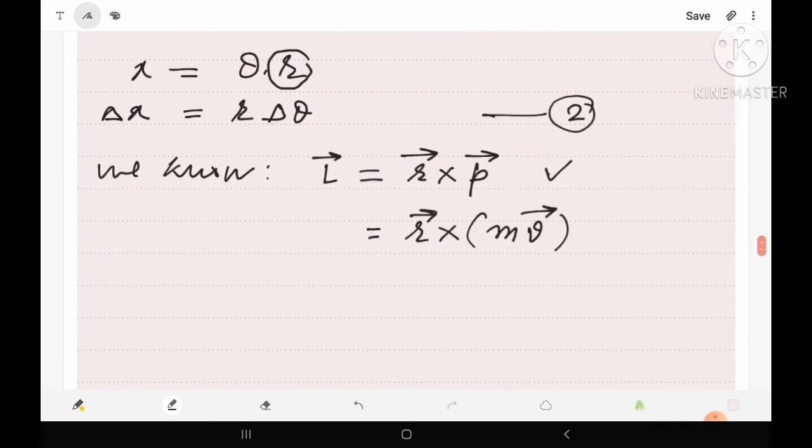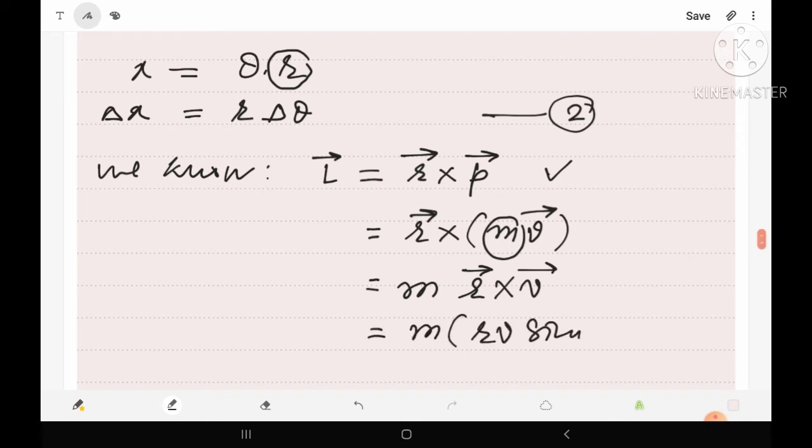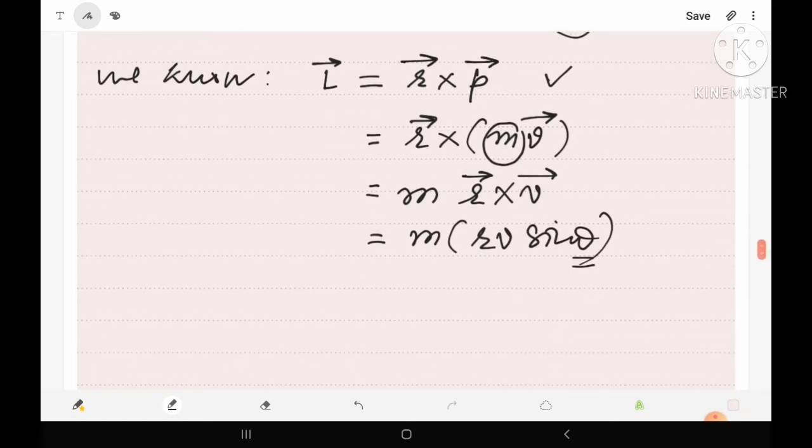Now let us solve it. Mass is a scalar, so it may be taken outside the cross product, and we have r cross v. Now m r cross v means m r v sine theta, where theta is the angle between radius r and the linear velocity v.